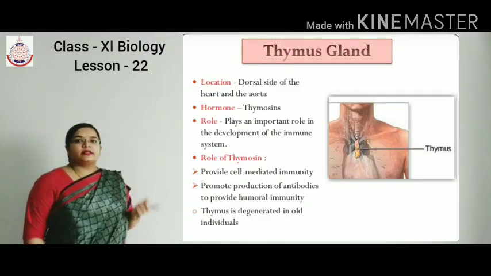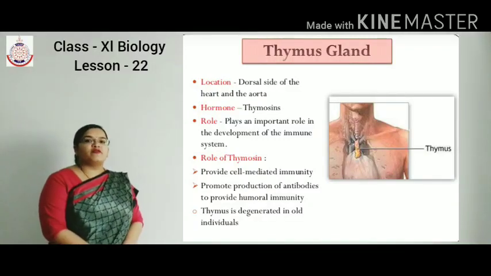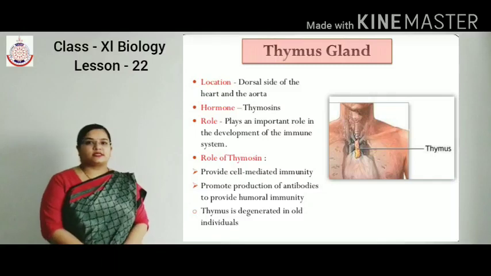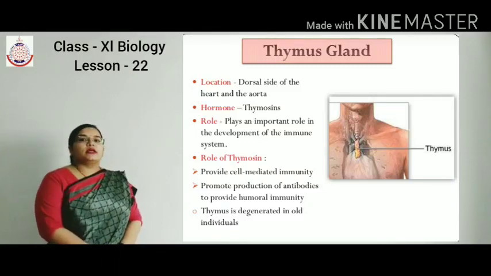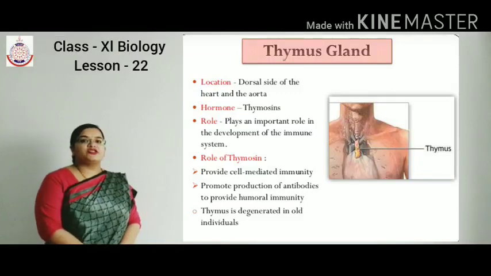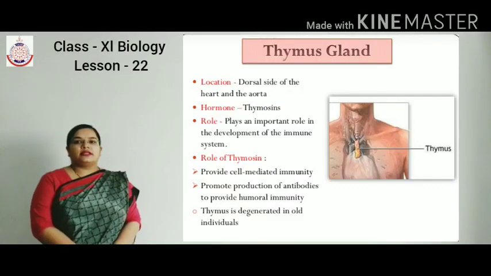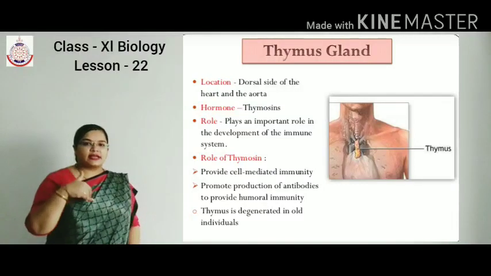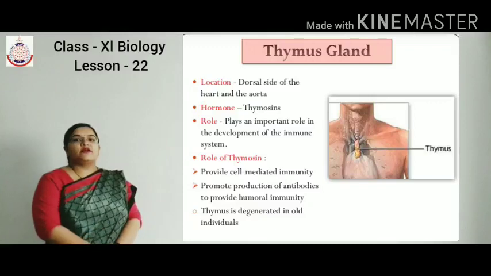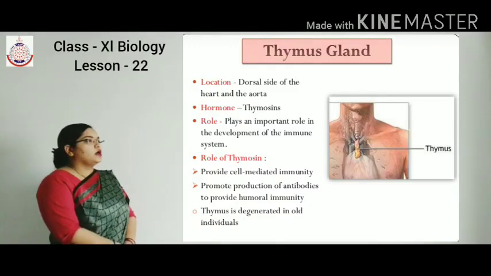Number one, the thymus plays a major role in the development of the immune system. Thymosin plays a major role in the differentiation of T lymphocytes. What are T lymphocytes? We will discuss it later on. T lymphocytes provide cell-mediated immunity.